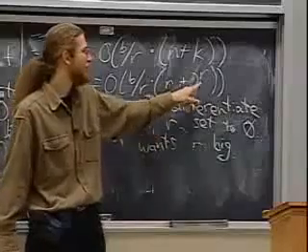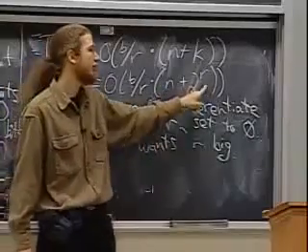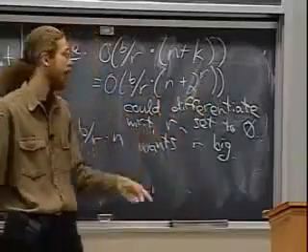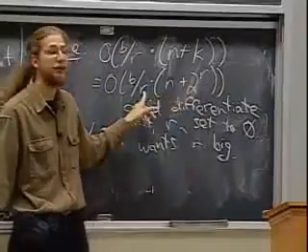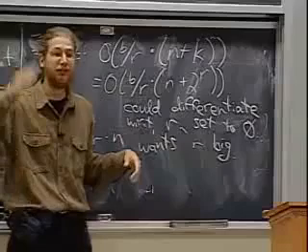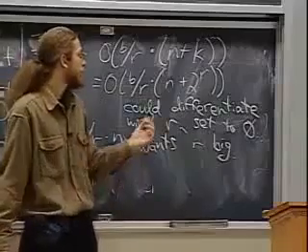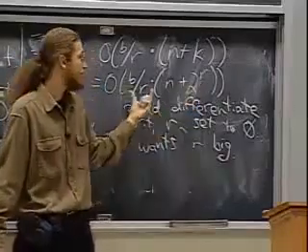If this happens to be bigger than n, then this will dominate in terms of growth of r. This is going to be b times 2 to the r over r. 2 to the r is much, much bigger than r. So it's going to grow much faster. That's what I mean. And so I really don't want r to be too big for this other term.